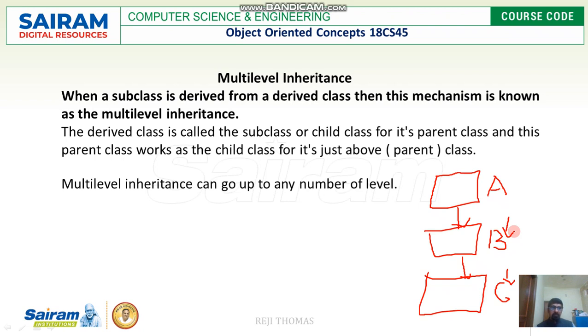So please do remember, C is a subclass or child class, and B is the parent for this. And B is a child class, whereas A is the parent class. So this can go up to any number of levels. Here we have only 3 levels, but we can have any number of levels like this.